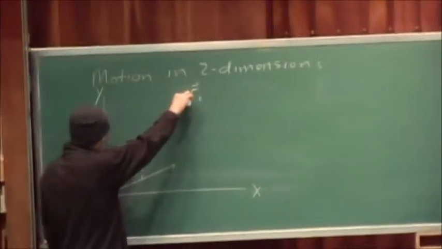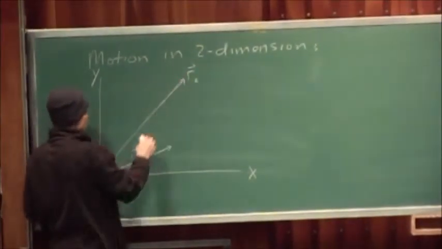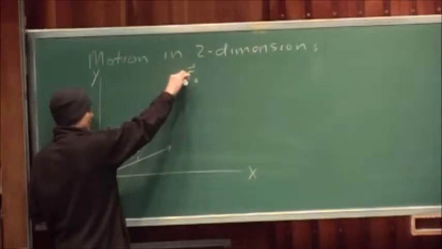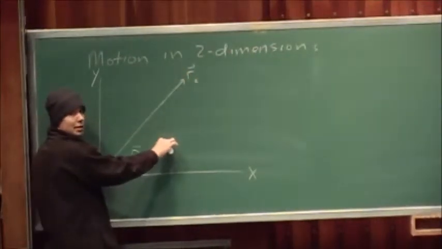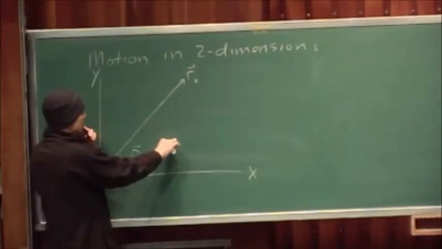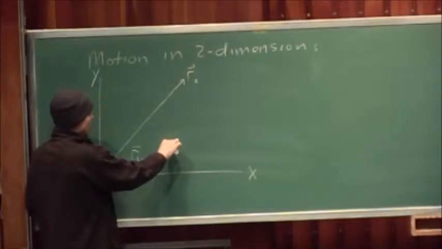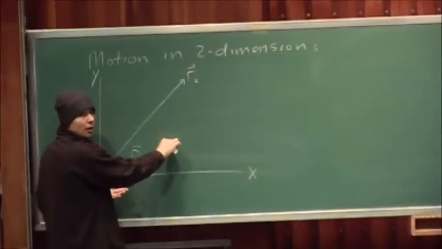So all I've said is there is a displacement associated with this chalk at time t2, and there's a displacement of this chalk at time t1. Now what we're interested in finding is what got us from R1 to R2, and we want to think about this in terms of displacement.